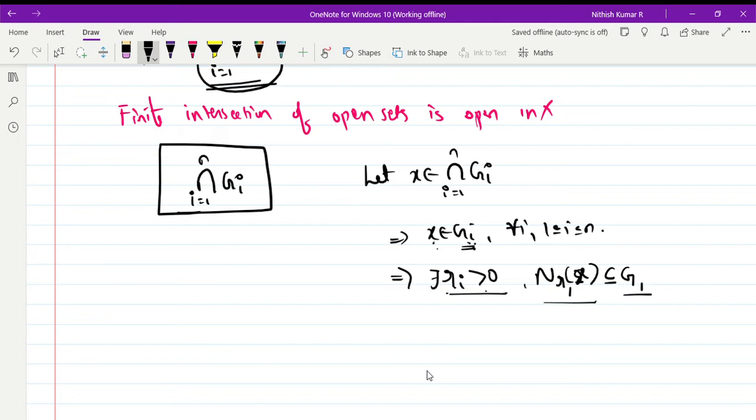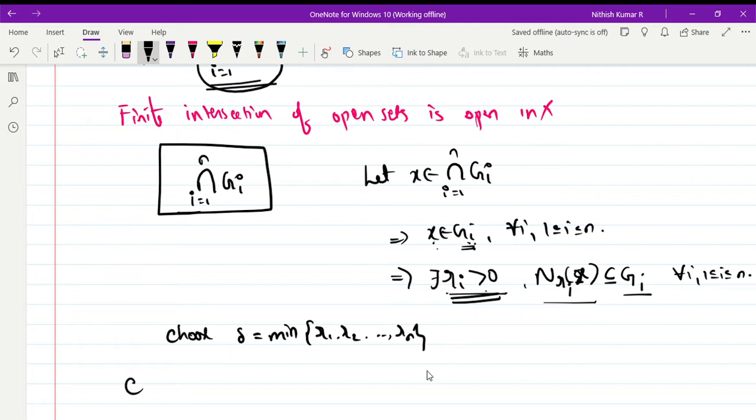In general, for x belongs to Gi, there exists Ri greater than 0 such that N_Ri of x is contained in Gi, and this is true for all i between 1 and n. Now choose delta equal to the minimum of R1, R2, and so on up to Rn. That is, n positive real numbers exist in this set, and we are taking delta as the minimum of this set.